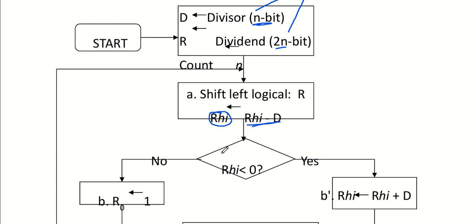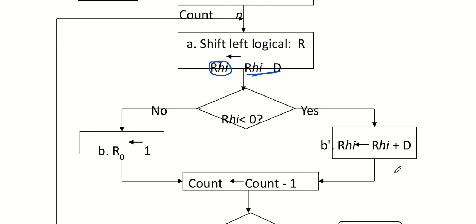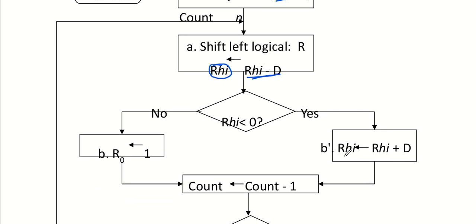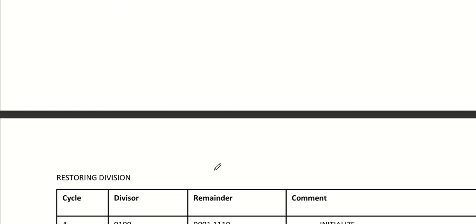Now you check if your higher order bit is less than 0, that is, if the first bit is 1. If the first bit is not 1, then you set the last bit of the remainder to 1. If it is, then you don't set the last bit to 1, right? In fact, you restore. So this is the restoration process, right? But enough talk about the algorithm, let's get into the raw implementation.